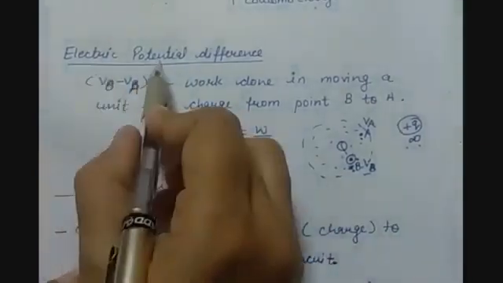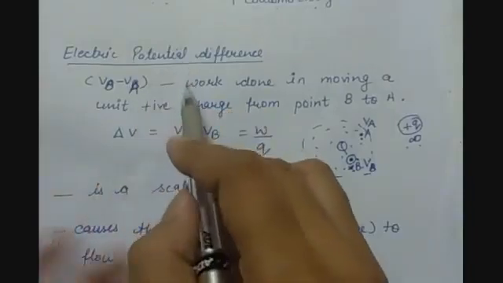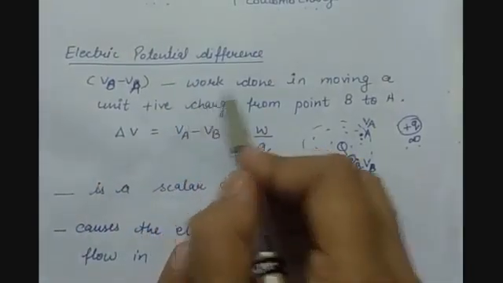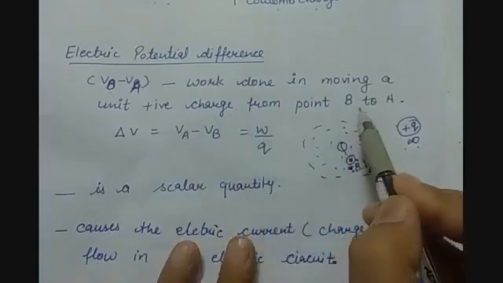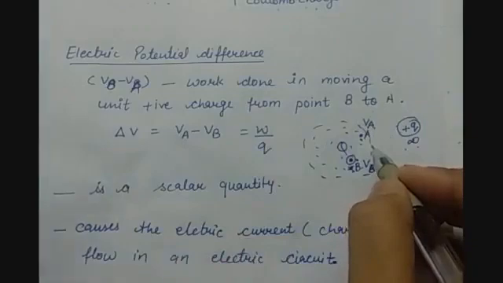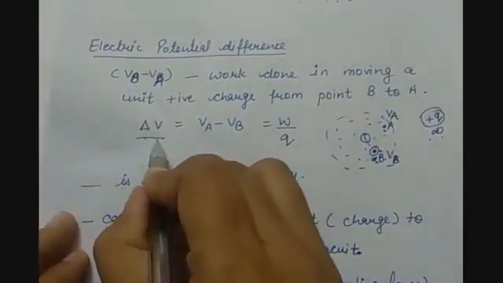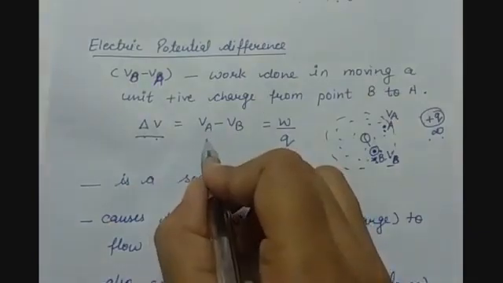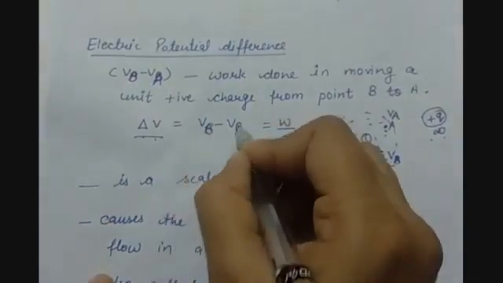So electric potential difference will be VB minus VA. And we can define it as work done in moving a unit positive charge from point A to B. This is denoted as del V and given as VB minus VA.